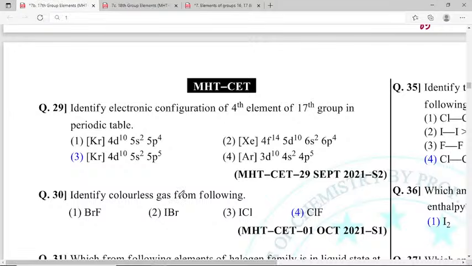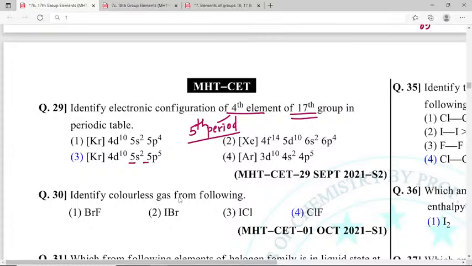Identify the electronic configuration of the fourth element of group 17. The fourth element of group 17 should be in the fifth period. Always remember, it is the fifth period.